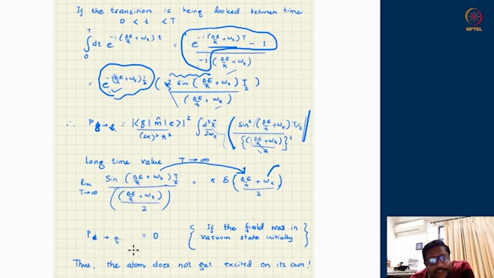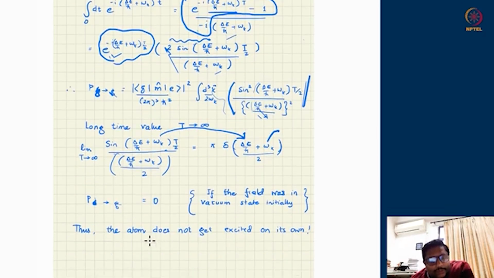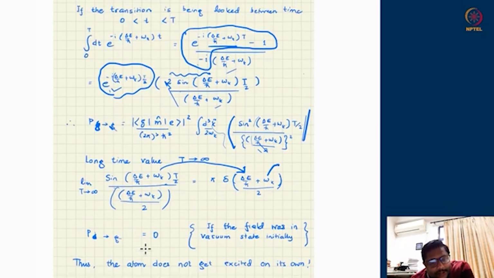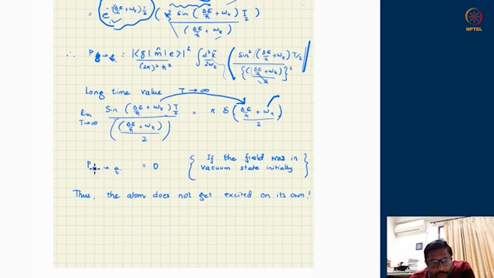So the excitation probability is 0 if I wait for long enough time. So that means the inertial atom at rest does not get excited on its own. Okay, so this should be G2E. So that would become 0. So the ground to excited state transition would not happen automatically if the field was initially in the vacuum.